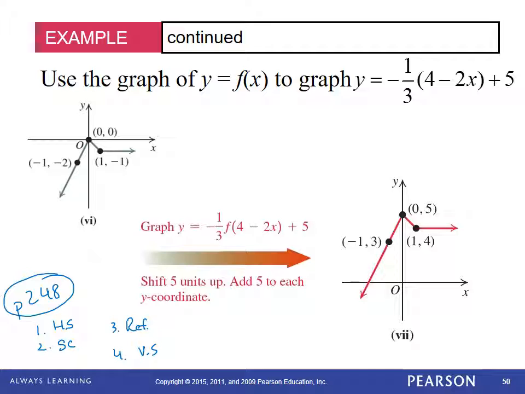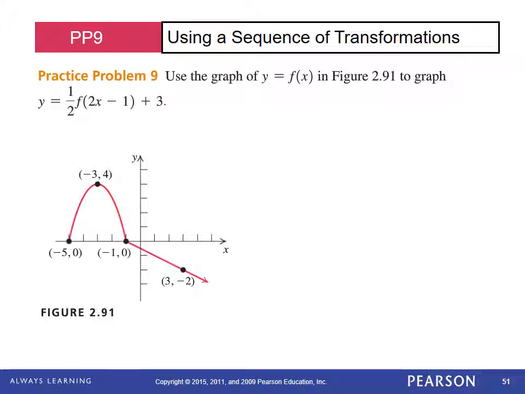All right, let's do a somewhat easy one here, just for us to try. Practice problem number 9, and the last one here. So use the graph of this guy here to obtain 1/2 f of 2x minus 1 plus 3.